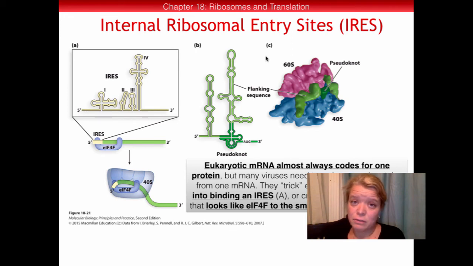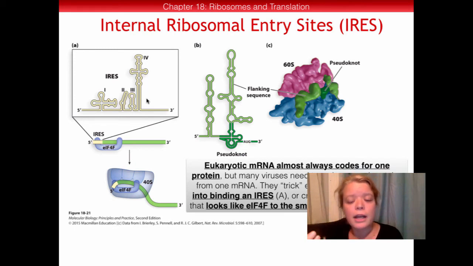They basically have one mRNA. So a lot of the viruses have come up with ways to trick the eukaryotic translation initiation machinery and have created these IRESes. So all of these examples are either viruses getting around the eukaryotic one mRNA, one protein rule, or there are certain situations in eukaryotes when multiple proteins can be translated from one message, but they're very rare.